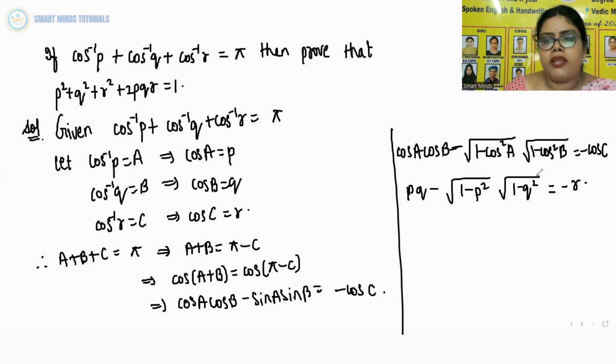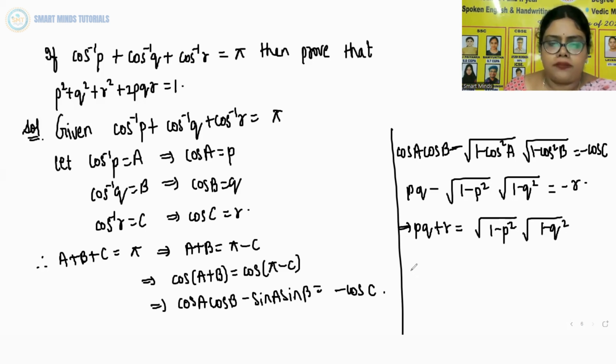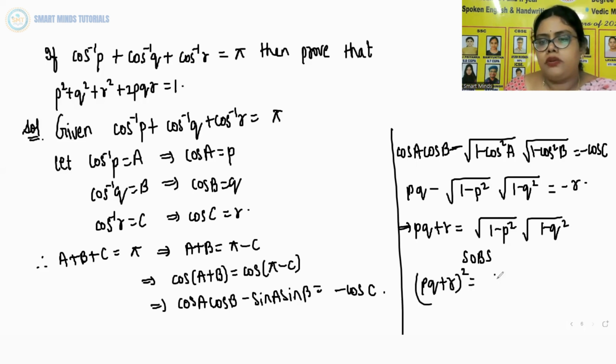Now if we take -R this side and the second term to the right hand side, we get PQ + R = root(1 - P^2) root(1 - Q^2). So now if we square on both sides, we will get (PQ + R)^2 = (1 - P^2)(1 - Q^2).